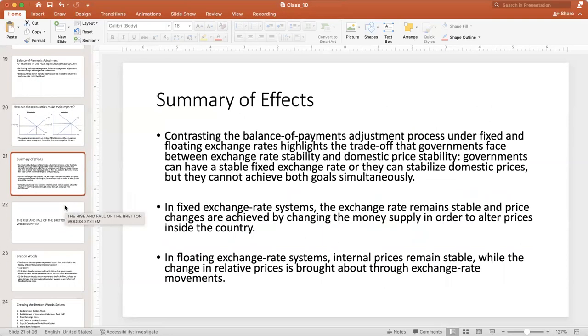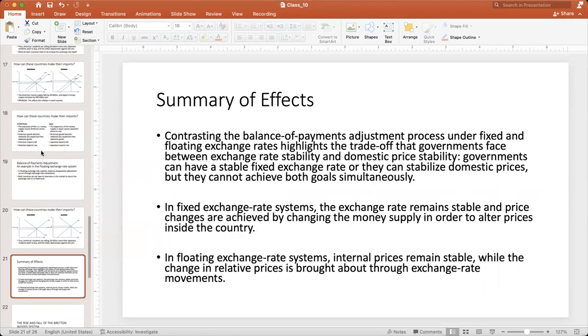So contrasting the balance of payment adjustment process under fixed and floating exchange rates highlights the trade-off governments face between exchange rate stability and domestic price stability. So governments can have a stable fixed exchange rate, or they can stabilize domestic prices, but they cannot achieve both goals simultaneously. What does that mean? That means this.